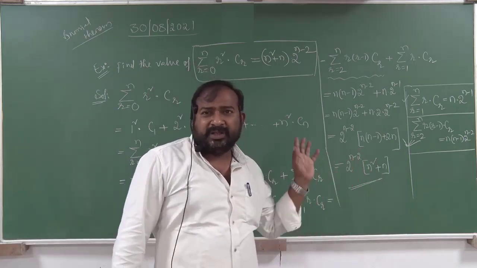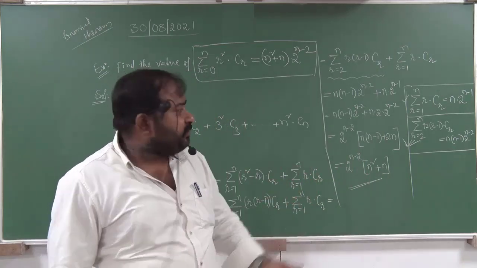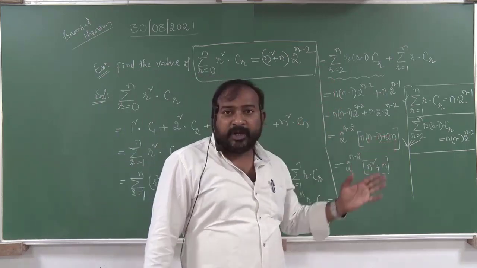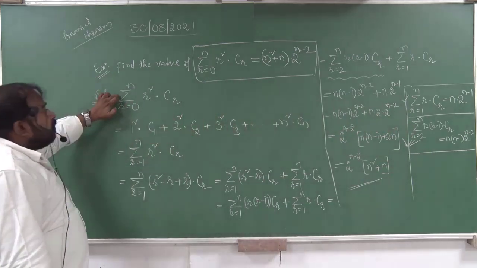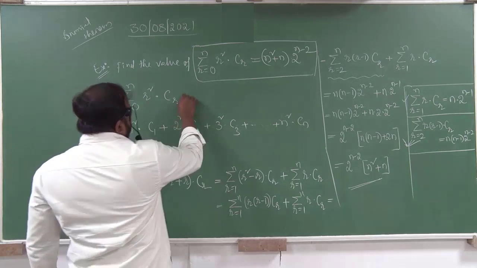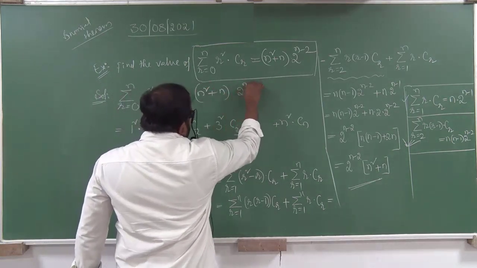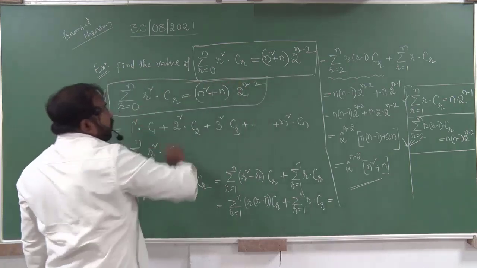No need to remember all these formulas. If you remember 1 plus x whole power n, if you differentiate one time, first formula. Second time if you differentiate, second formula. With the combination of these two, I will derive this formula: sigma r equal to 0 to n of r square Cr is given by n square plus n into 2 power n minus 2. This is the formula.